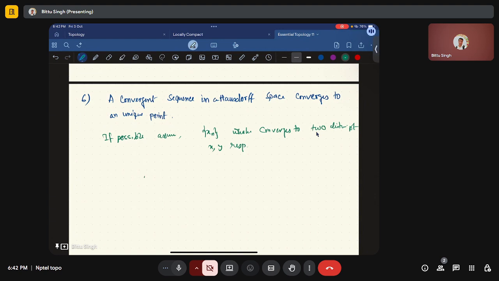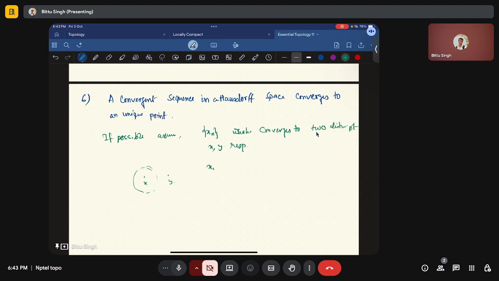So what is the meaning of convergence? Convergence means if we take a neighborhood of the limit point, then it contains almost everything except some finitely many terms of the sequence. It contains the tail of the sequence.